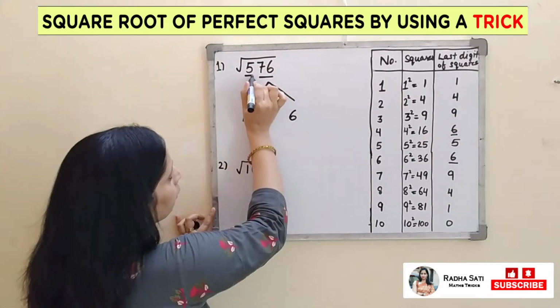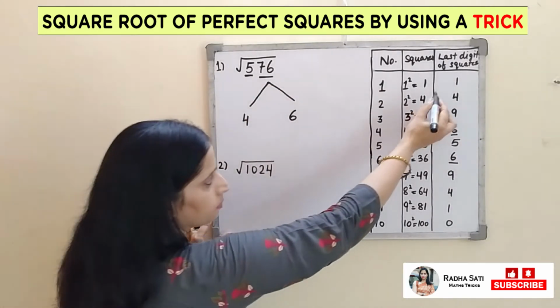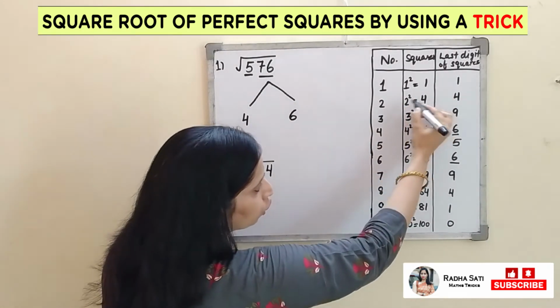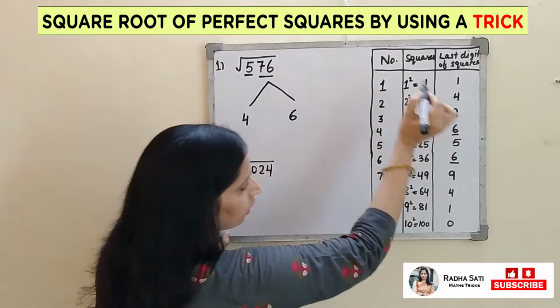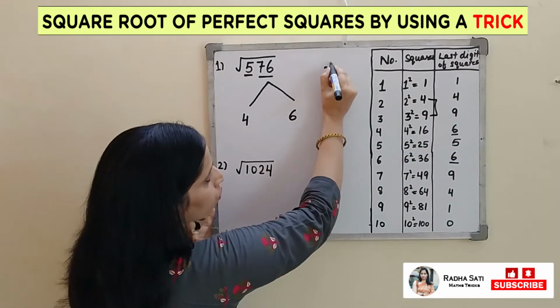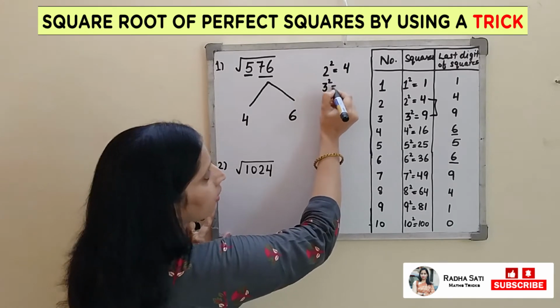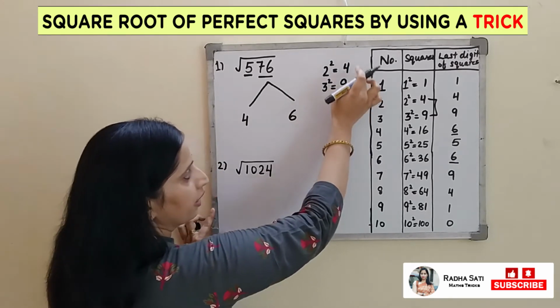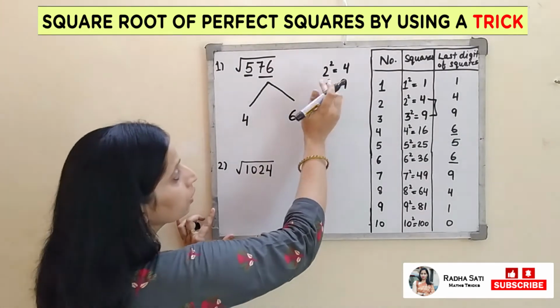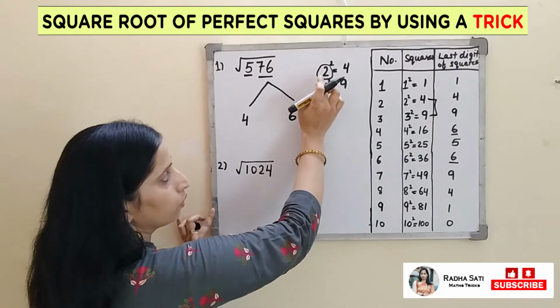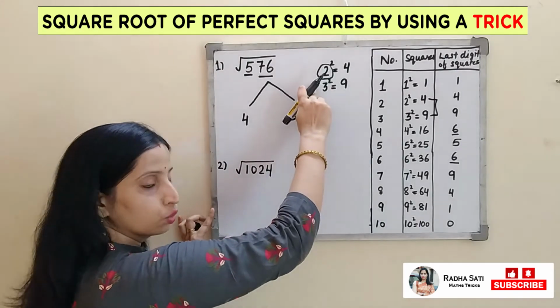Now we will check for the 5. This means the 5 lies between the squares of 2 and 3. 2 squared is 4 and 3 squared is 9, and 5 lies between them. We always take the smaller number, so between 2 and 3 we take 2.